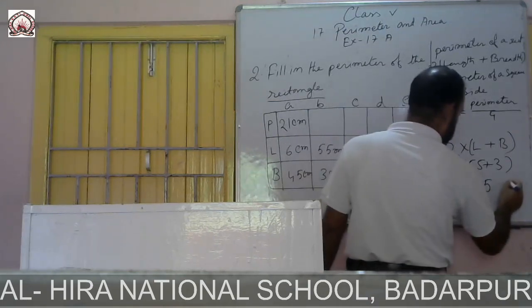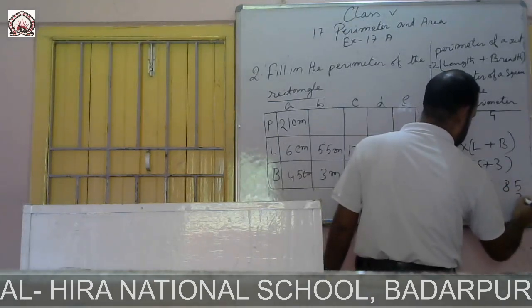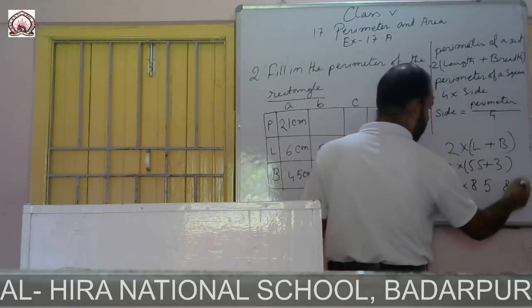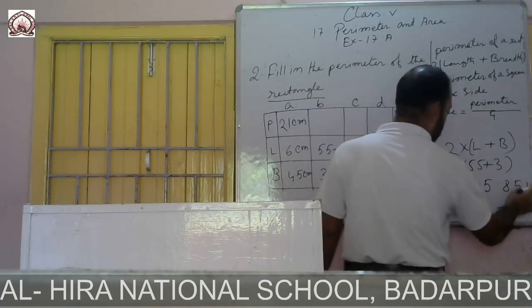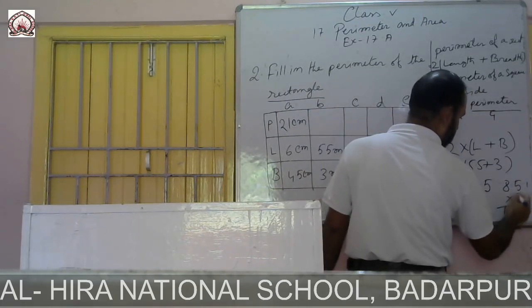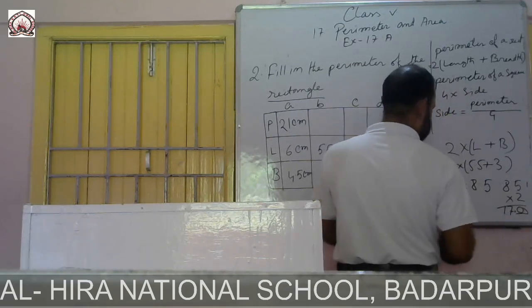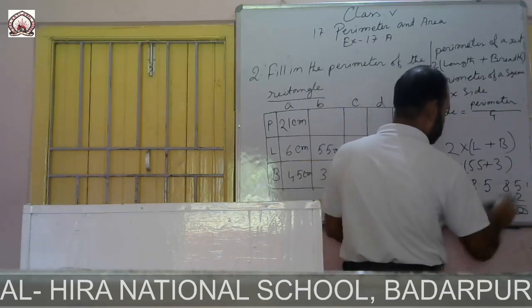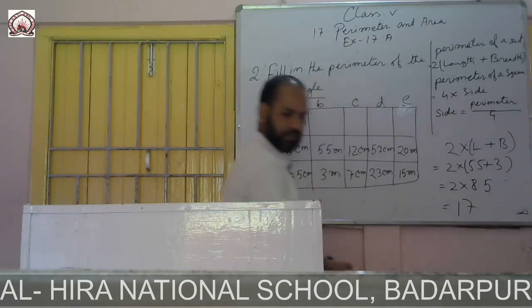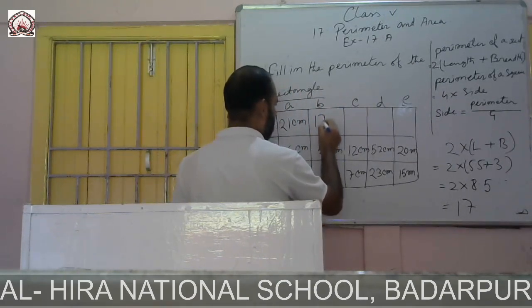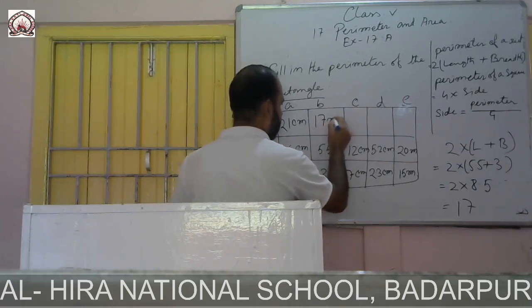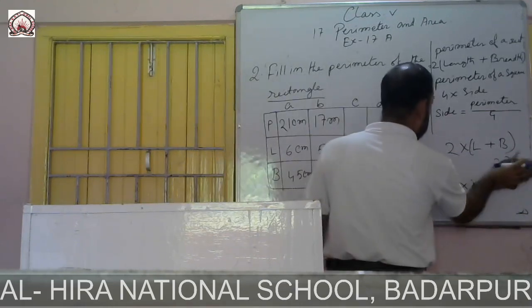Now 8.5 into 2. 2 5 jar 10, 0, 1 in my hand, 2 8 jar 16, 1 17. So point is there, after point 0 valueless, so answer is 17. Answer is 17 meter.